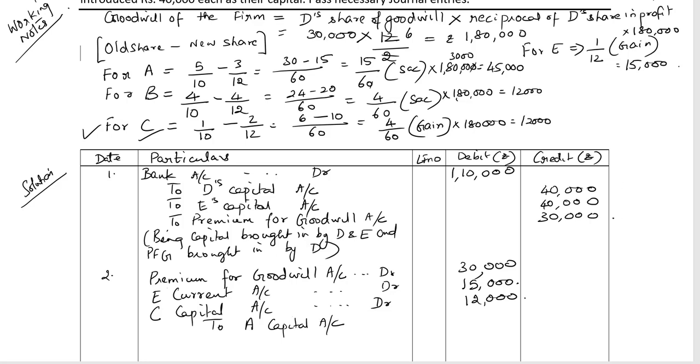A sacrifices 15 divided by 60 multiplied by the goodwill of the firm, rupees 1,80,000. We need to credit A by 45,000. And to B capital account. B sacrifices 4 divided by 60, multiplied by the goodwill of the firm, 1,80,000. B has to be credited by rupees 12,000.